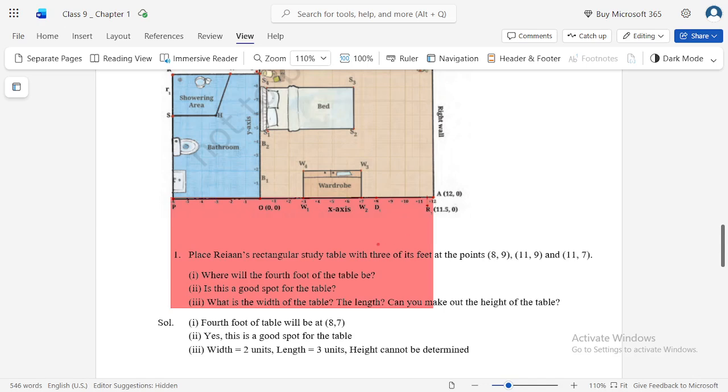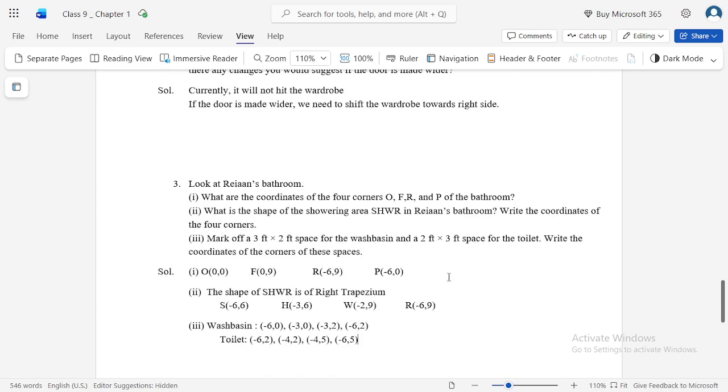So what will be the coordinates of this? P will be minus 6 comma 0, A will be 12 comma 0, and this point will be 12 comma minus 15, going to the negative side, and this will be minus 6 comma minus 15. Let me write it down.